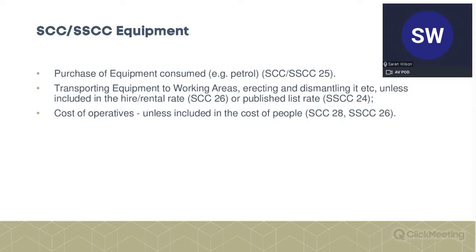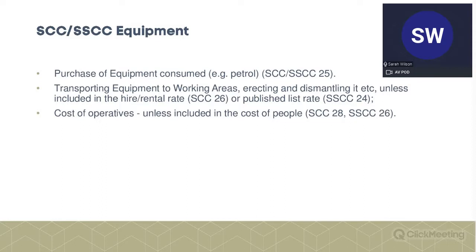Just a few miscellaneous points for both the shorter schedule and the schedule, as they both mirror each other here. They both allow for a claim for the cost of equipment consumed, for example petrol.